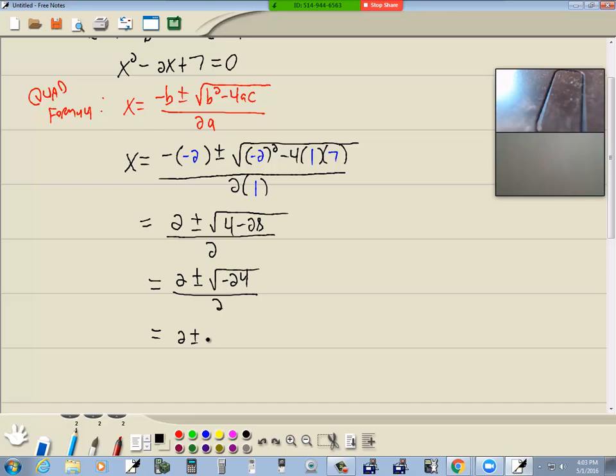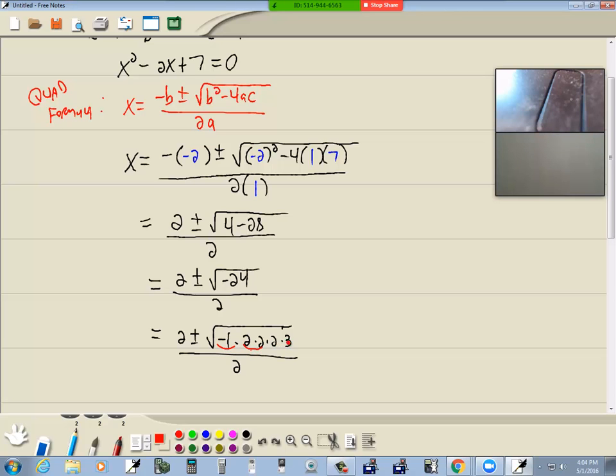Now, if we do the prime factorization of 24, in addition there's a negative there, so that's negative 1. We'll have 2, 4, 8 times 3. So we have 3 2's and 1 3, all over 2. Now, the negative 1 is going to come out as an i, and this pair of 2's is going to come out as a single 2.